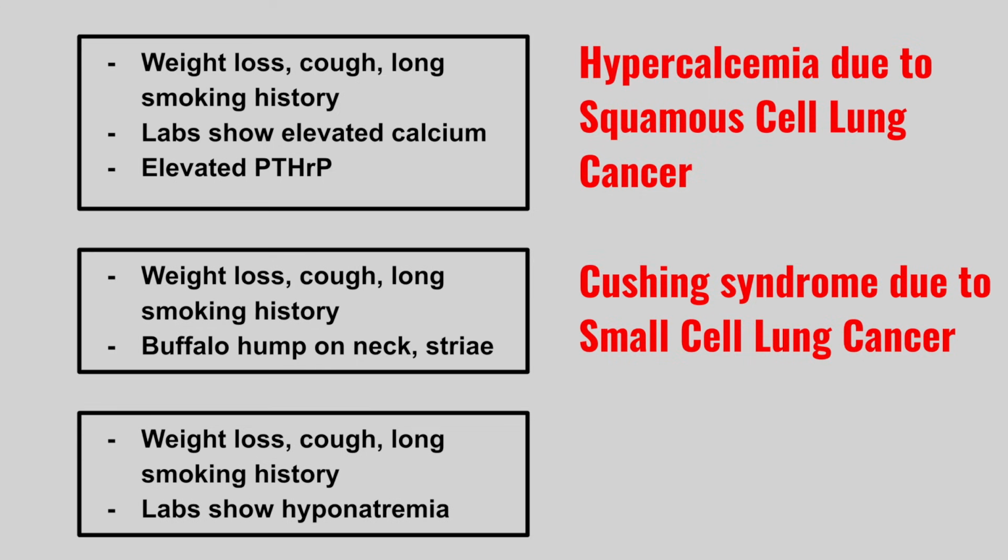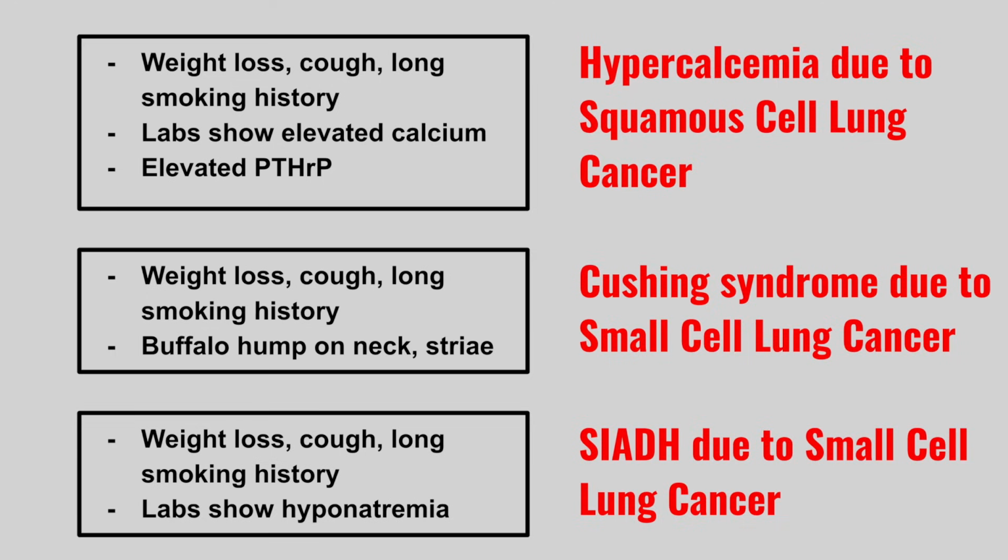This is Cushing syndrome due to small cell lung cancer. Next, we have a patient with weight loss, cough, long smoking history, and labs show hyponatremia, low sodium. This is SIADH due to small cell lung cancer.